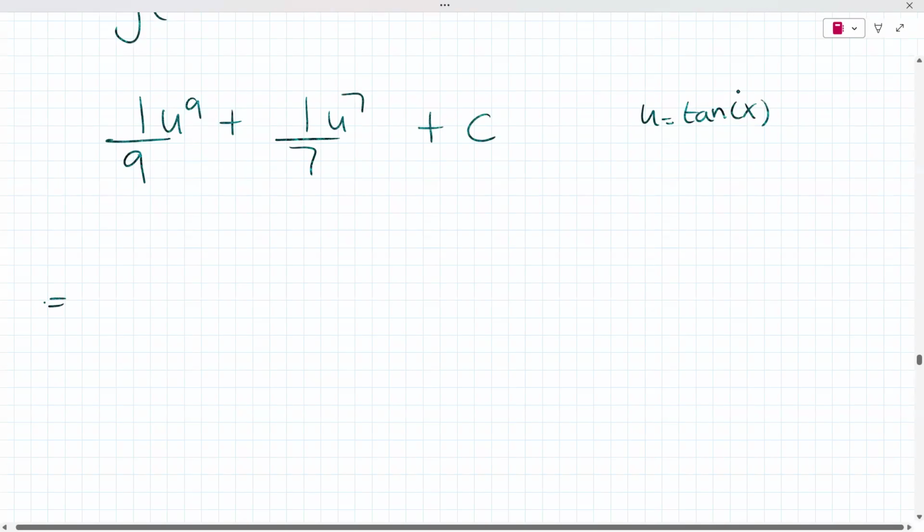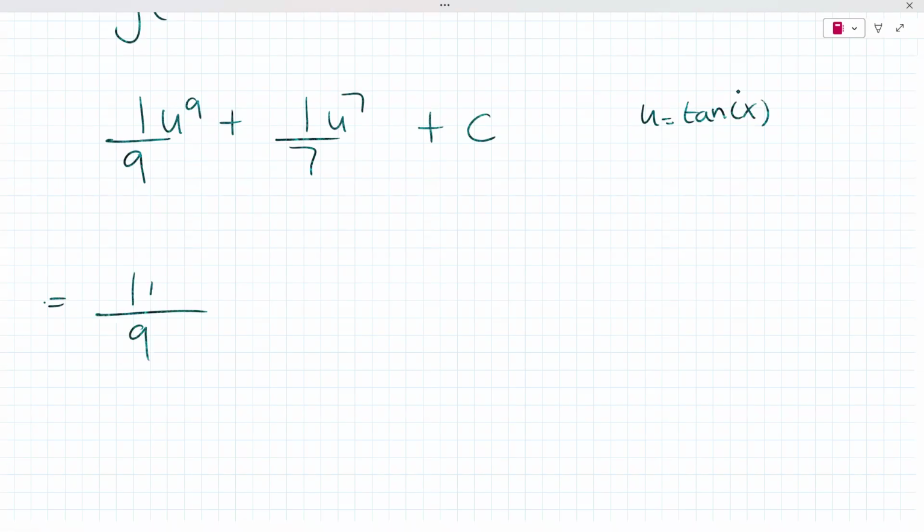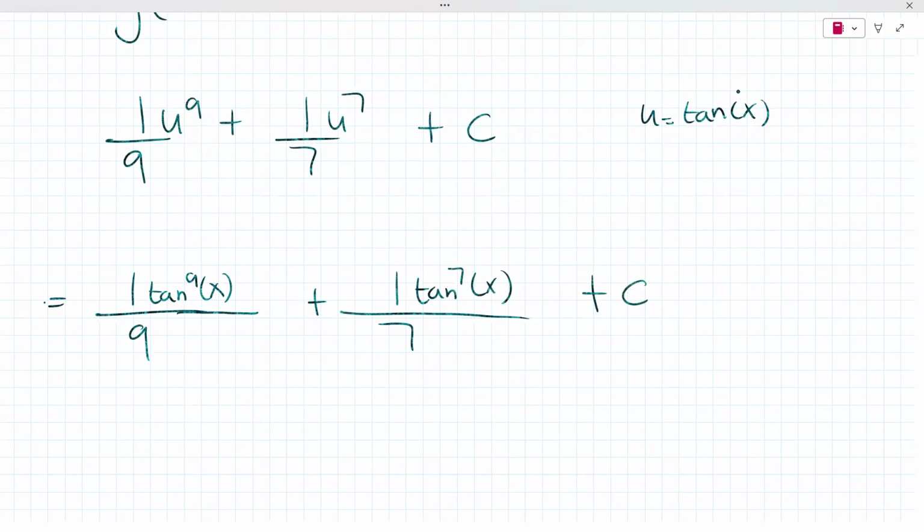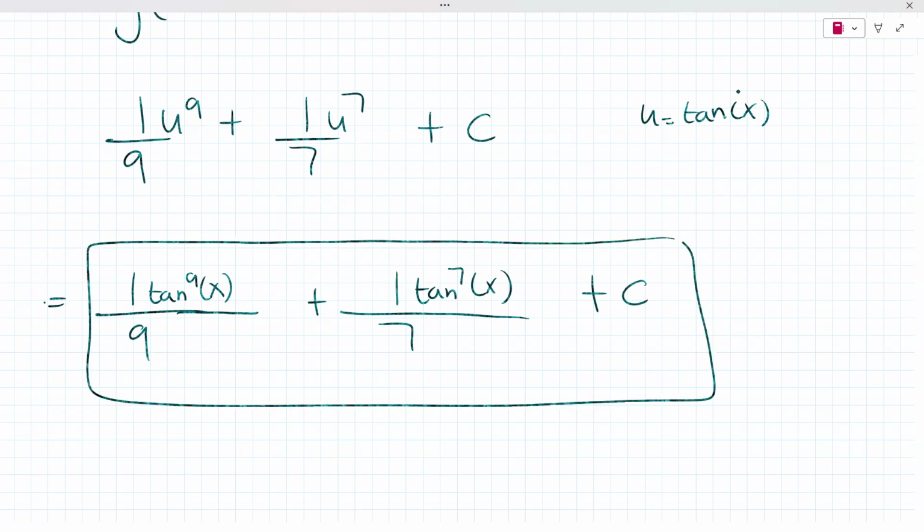So my final answer is going to be 1/9 tan to the 9th of x plus 1/7 tan to the 7th of x.